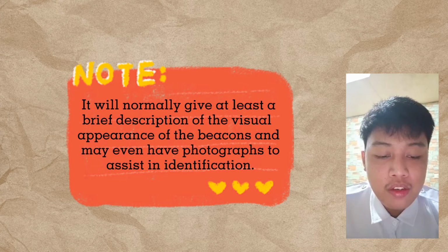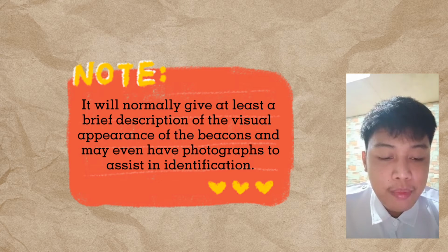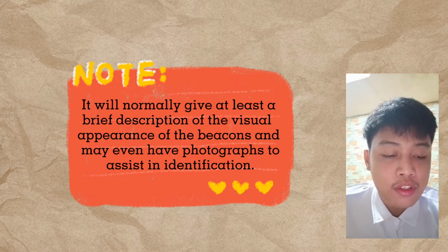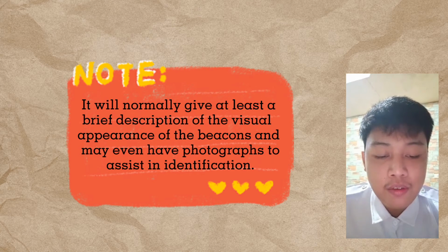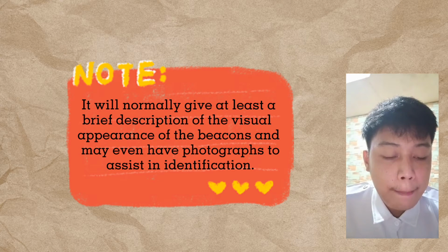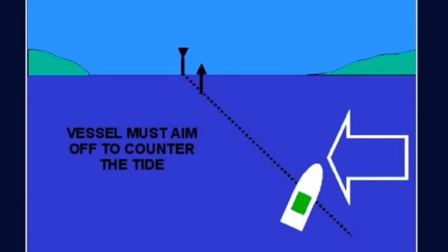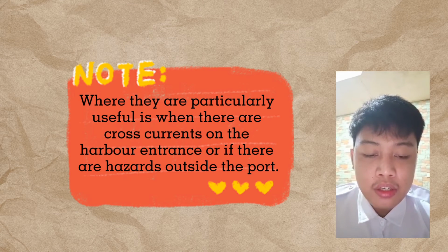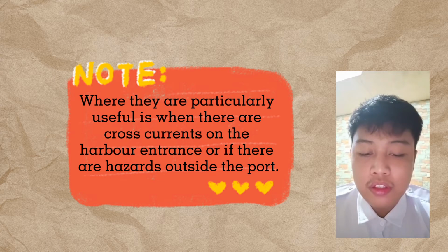It will normally give at least a brief description of the visual appearance of the beacons and may even have photographs to assist in identification. Where they are particularly useful is when there are cross currents at the harbor entrance, or if there are hazards outside the port.